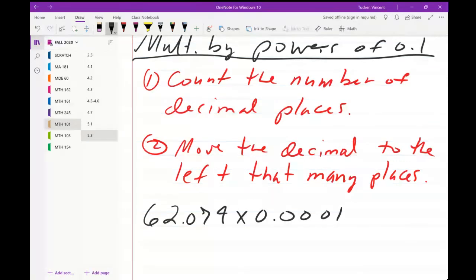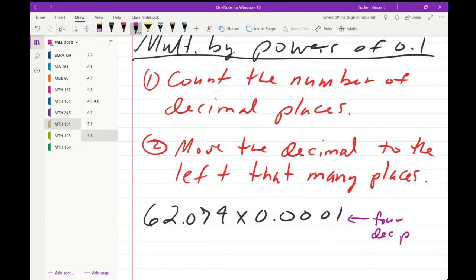So once again, when we were dealing with tens, we counted the number of zeros. Here we are counting the number of decimal places. So there are four decimal places. We got 1, 2, 3, 4.